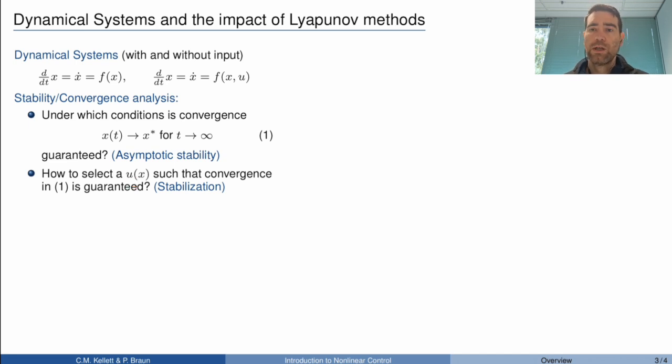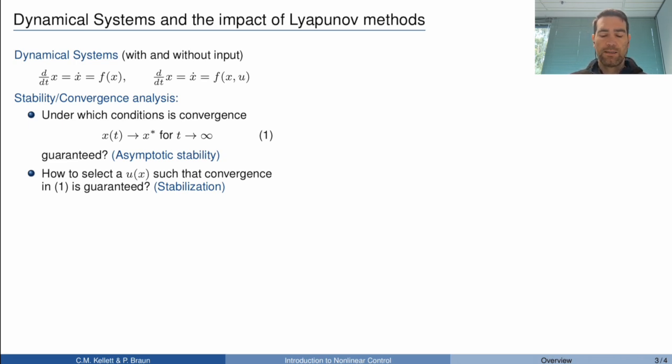So in general, we will be looking for a feedback law u of x instead of u of t, such that then again the solution of our dynamical system converges to x star.